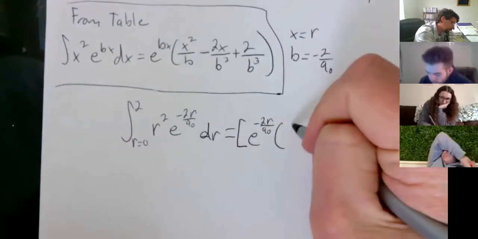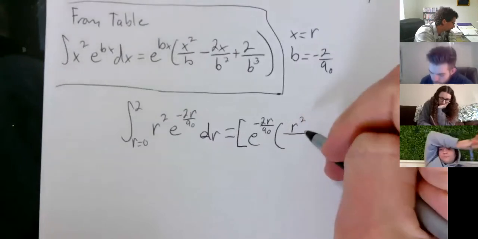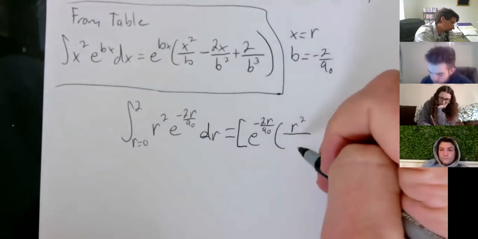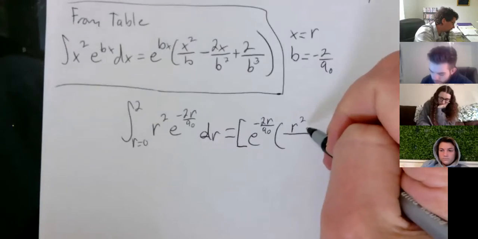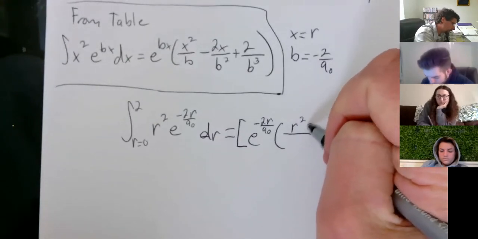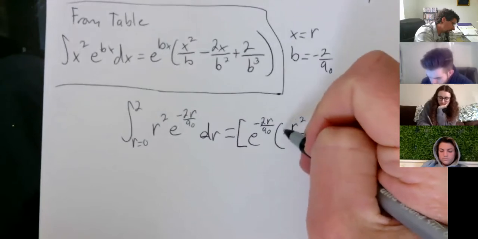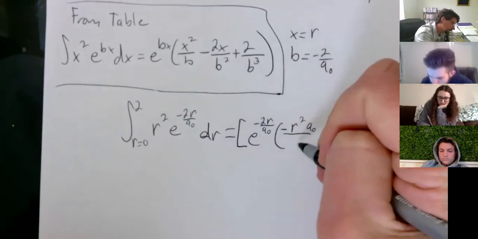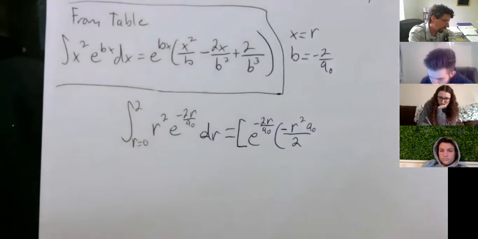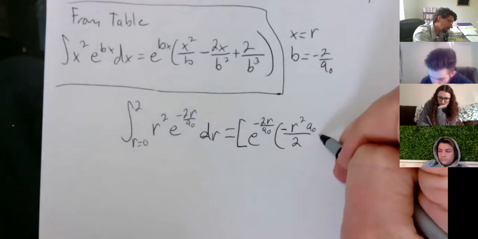R squared over negative 2. So R squared A naught divided by negative 2. Yep. We got a negative here. Yeah, negative 2. Okay, next term.